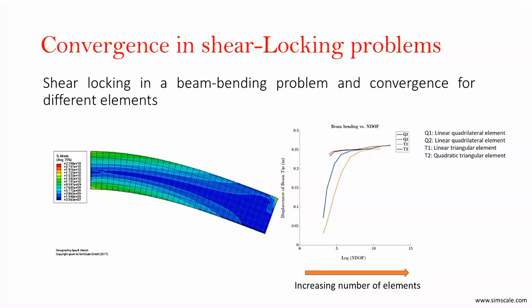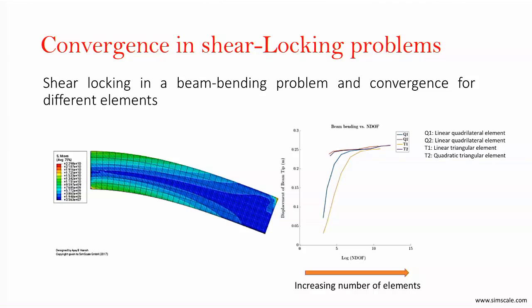So as you have noticed here, when we've done the mesh convergence, for the quadratic elements, either triangular or quadrilateral one, we can see that the solution converged quickly. But when we're using the linear elements, we need to do the mesh refinement at least a couple of times to get to the converged solution.